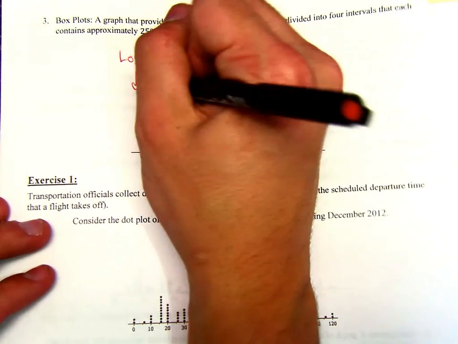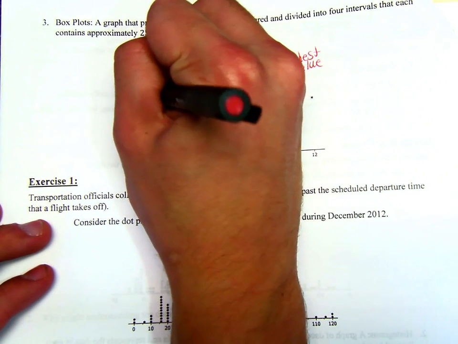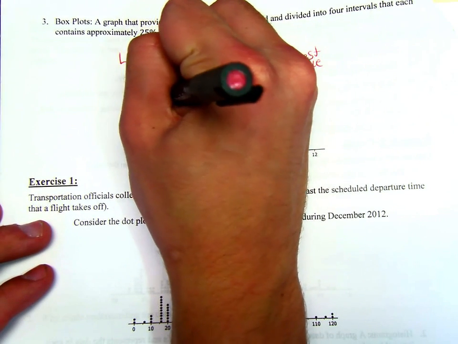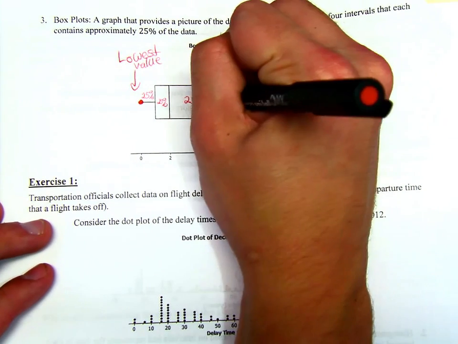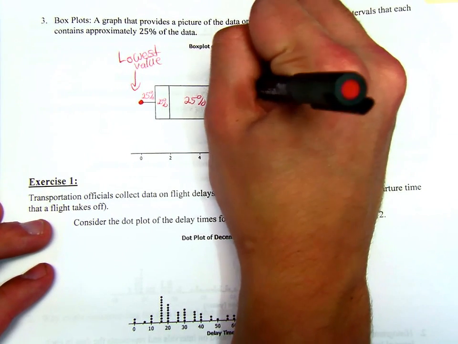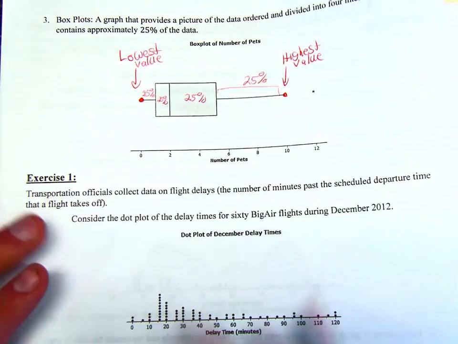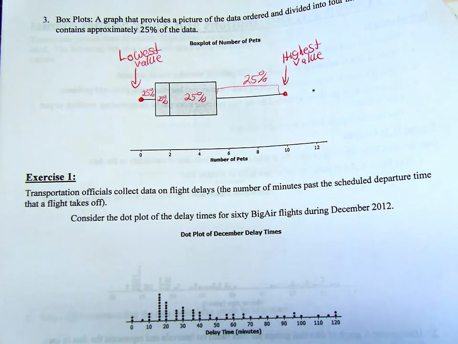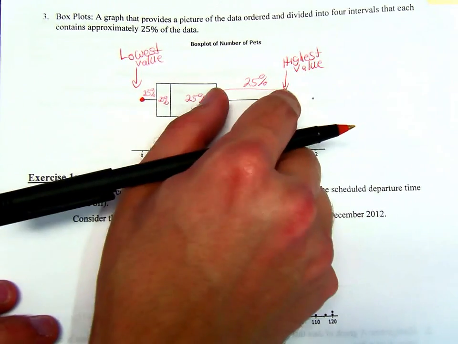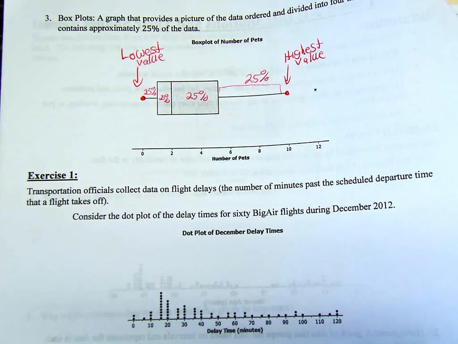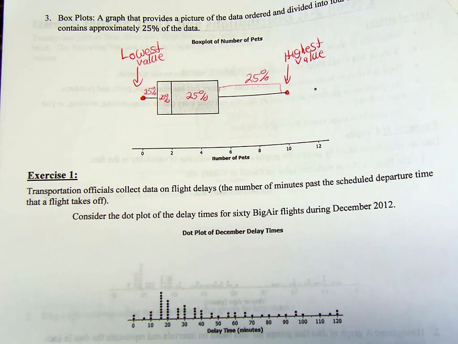So each section, down here, would be 25%. This first interval would be 25%. This would be 25%, and then this interval all down here would represent 25% of the data. Yes, I understand that if we look at this, each interval, each section, is not the same width. But that doesn't matter. That just represents some number.